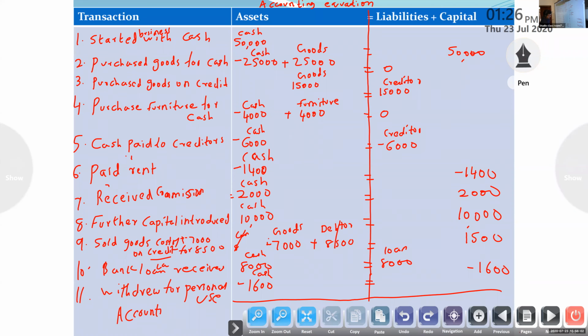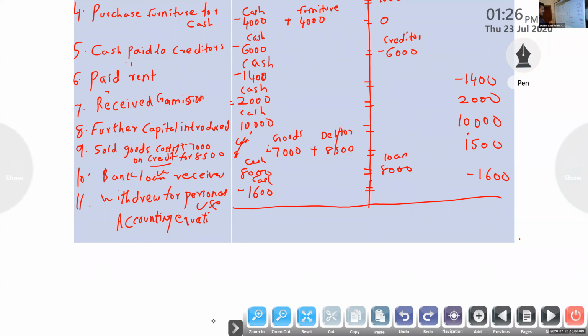Then you have to write the accounting equation. So only you look at the liability side, then it will be easy. So plus items you have to add, then minus items you have to minus. So 50,000 plus 15,000, 65,000, then 1,500, 10,000, 2,000, 1,500.